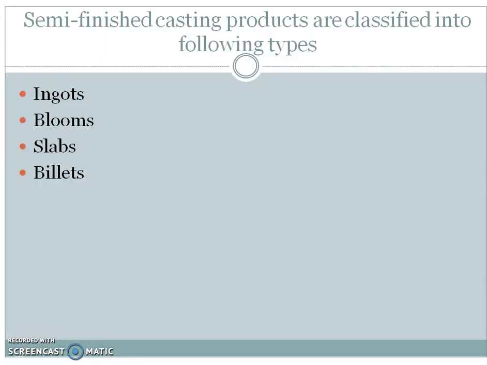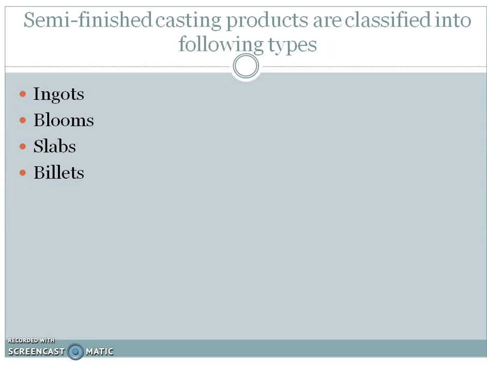Yes, I have told you about semi-finished products, right? From ore to end product, like a steel spoon. There is iron ore here, but in between there is one stage, called semi-finished products. Those are classified as ingots, blooms, slabs, and billets.